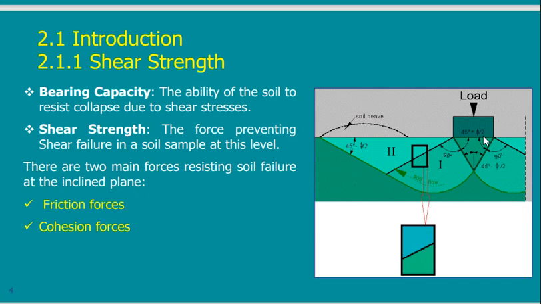Let's divide the soil below this load into 3 parts and try in these 3 parts to have similar behavior. You expect that all soil in this body will behave more or less similar to each other.